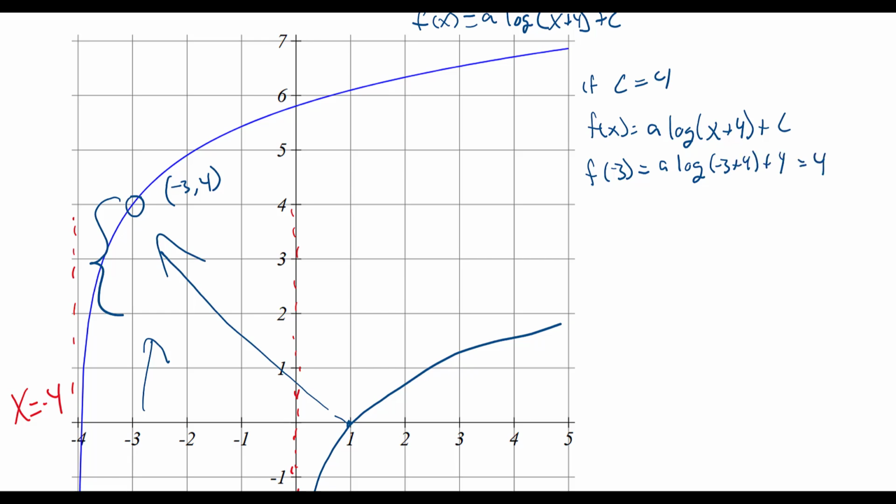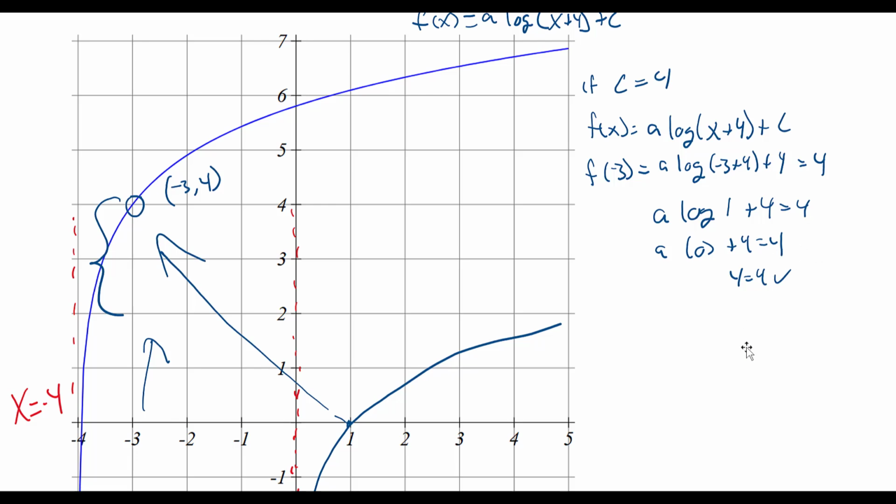That's supposed to equal 4. So it's a times log of 1, plus 4 equals 4. Log of 1: 10 to the 0 is 1. So it's a times 0 plus 4 is 4. So 4 equals 4. It's the identity. Okay, so we established that.